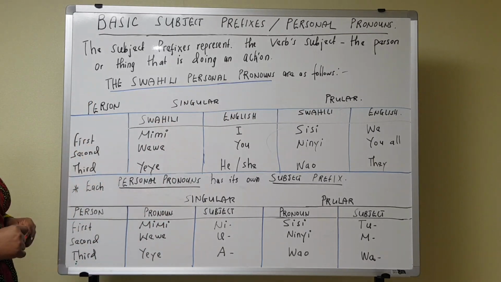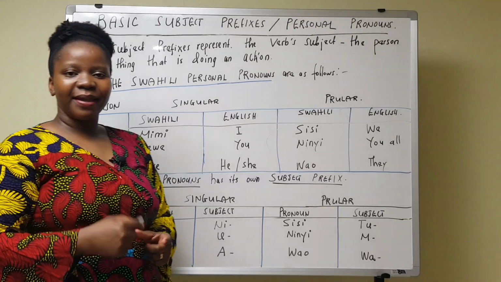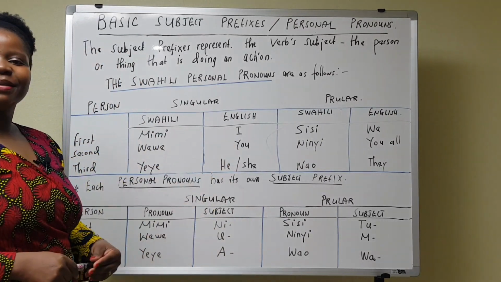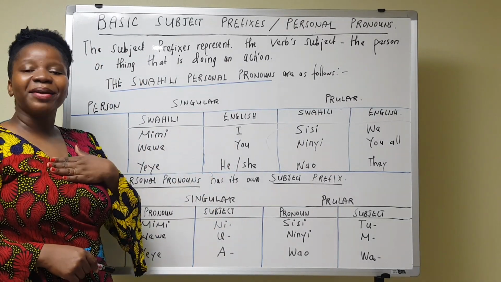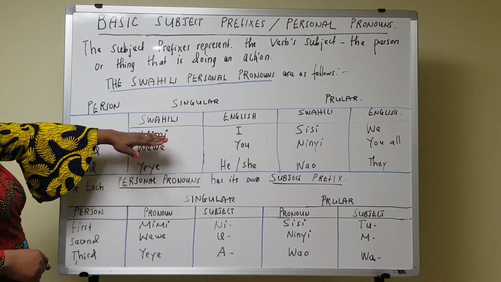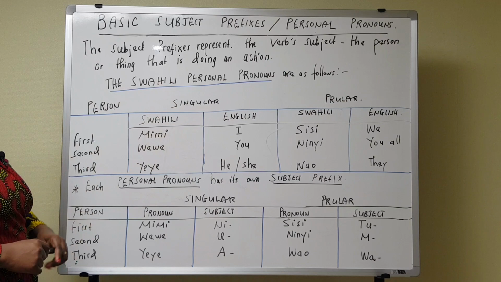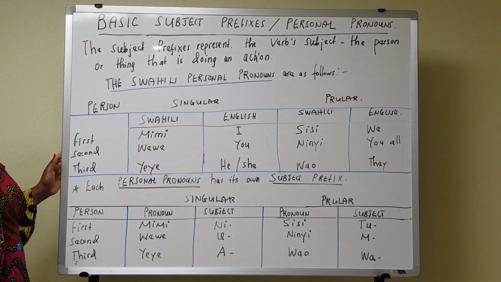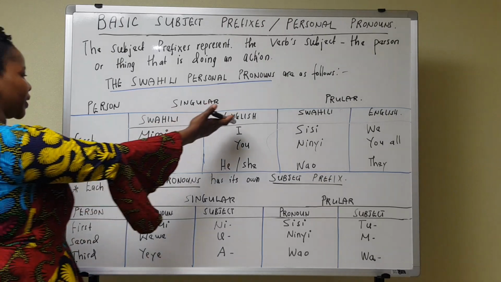The first person is Mimi. Mimi in English means I. So this is the first person of the Swahili personal pronoun, which is Mimi, which is I in English.